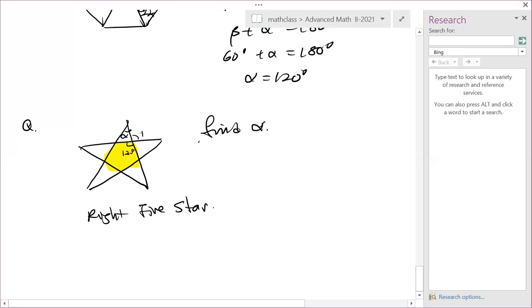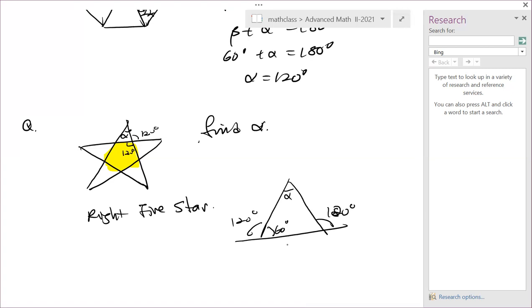So the other side is also 120 degrees. Now focus on this triangle, where this is 120 degrees, this is alpha, we don't know, and this side is also 120 degrees. And if this is 120 degrees, then what is that angle? That angle is 60 degrees, right? Yes or no?